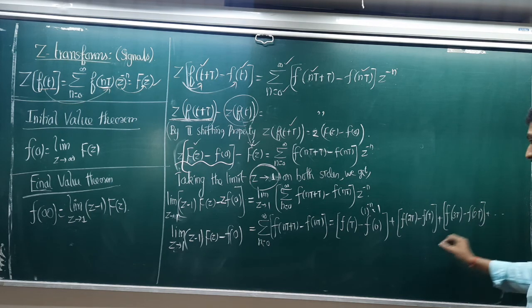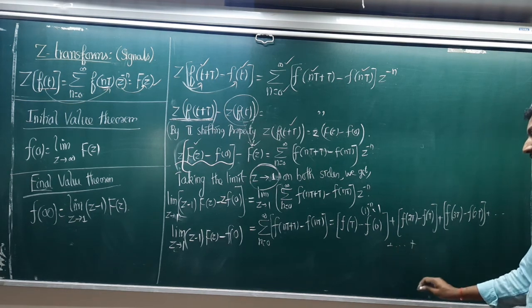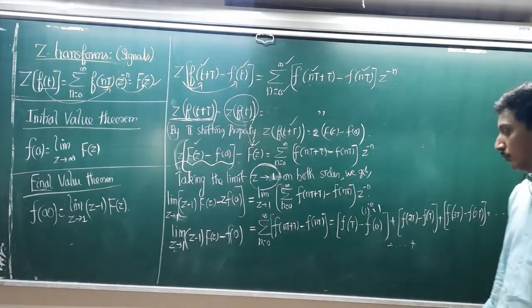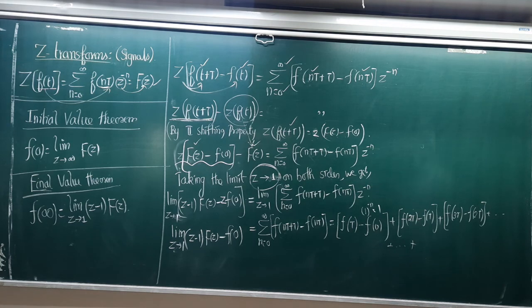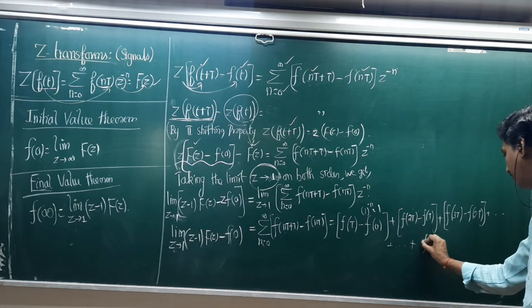So continue like that. Finally what will we get? It goes up to infinity. Up to infinity, the z power minus 1 is 1, which is already over, no problem. So what about f of infinity?